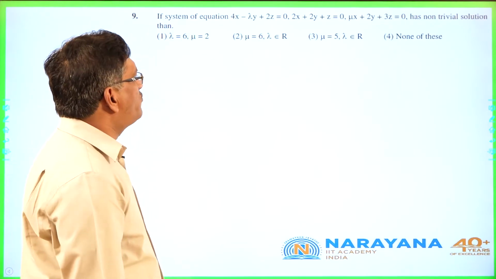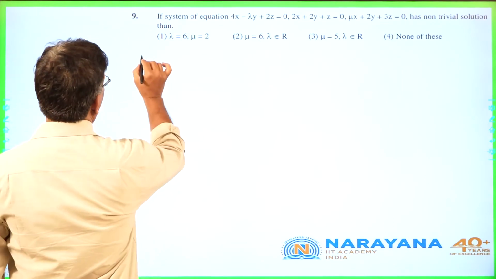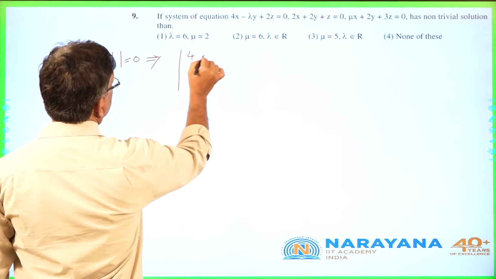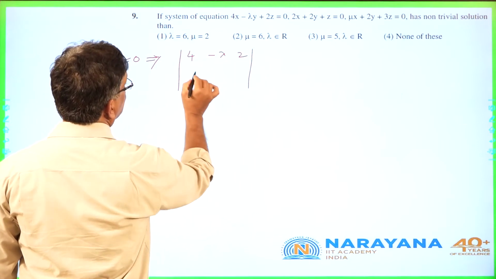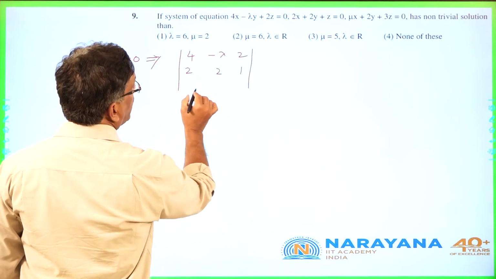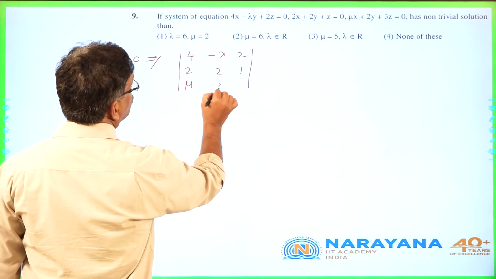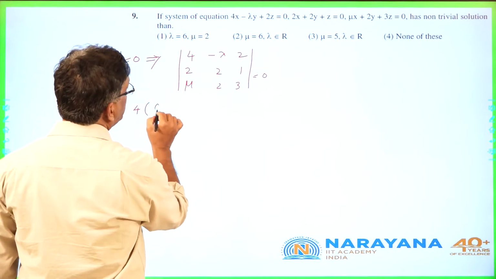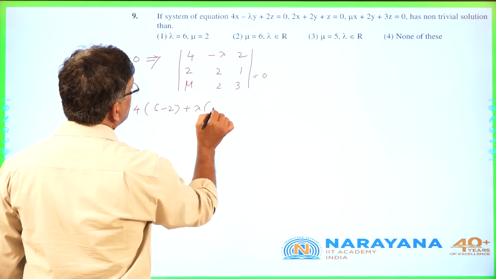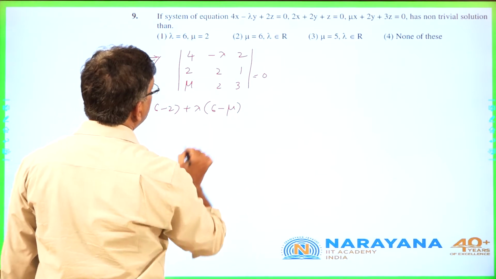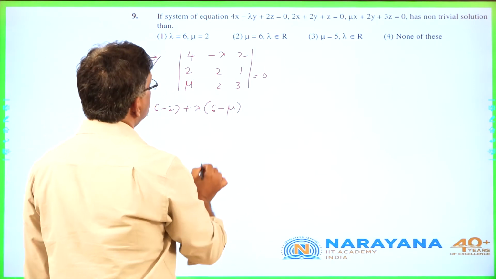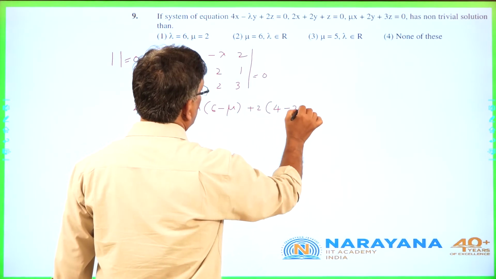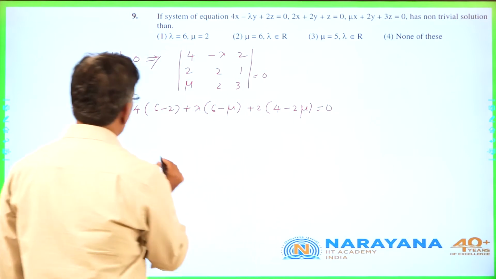If the system of equations has a non-trivial solution, the determinant is equal to 0. So, the determinant with rows (4 minus lambda, 2, 2), (2, 1, mu), (2, 3) equals 0. When you expand, 4 into (6 minus 2) plus lambda into (6 minus mu) plus 2 of (4 minus 2 mu) equals 0.